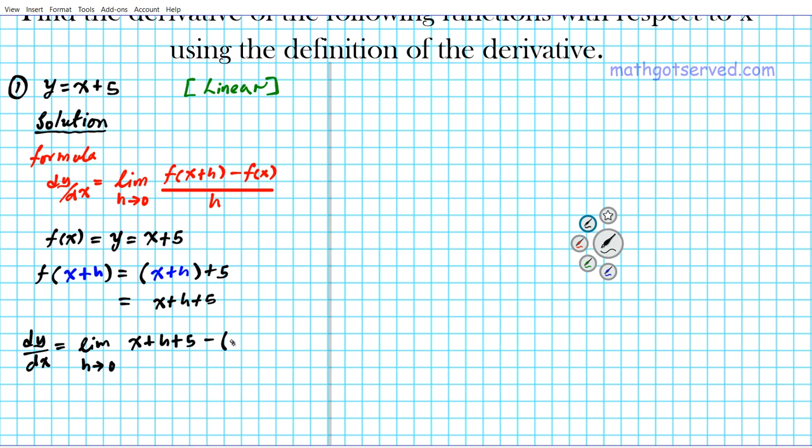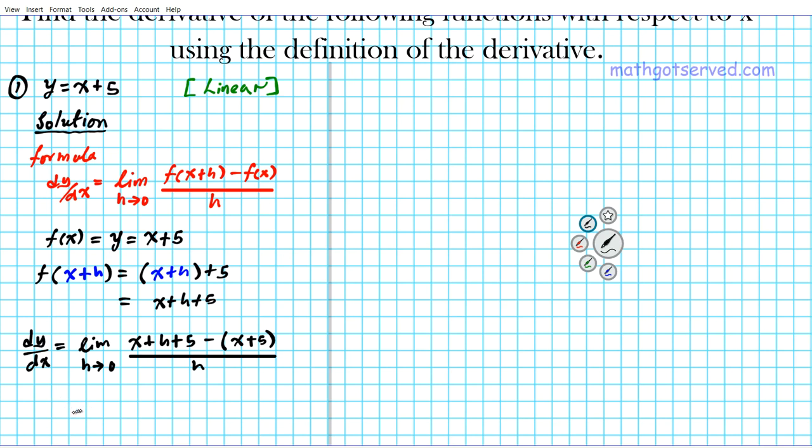We're going to group it in a parenthesis, the quantity x plus 5. And that entire expression we're going to divide by h. Okay, so we found f of x plus h and f of x, and we have substituted. Now we're going to simplify and then evaluate the limit.